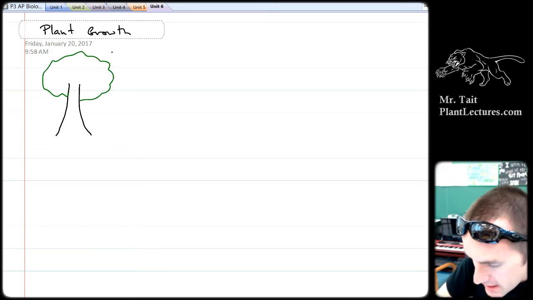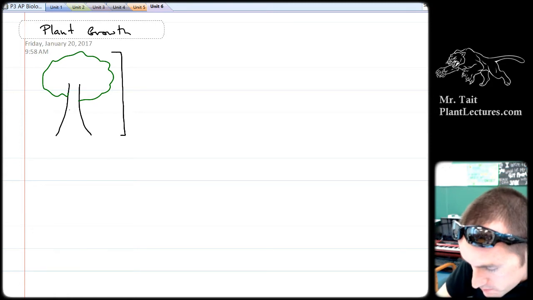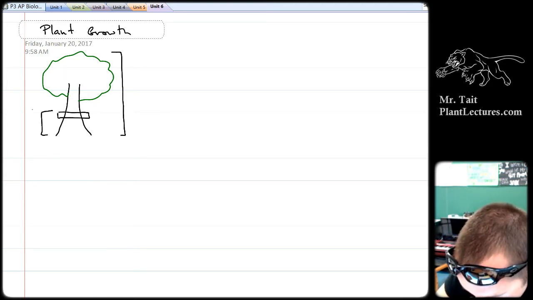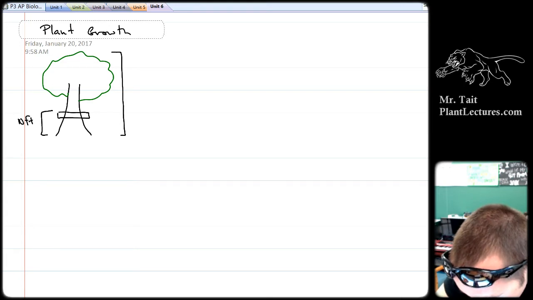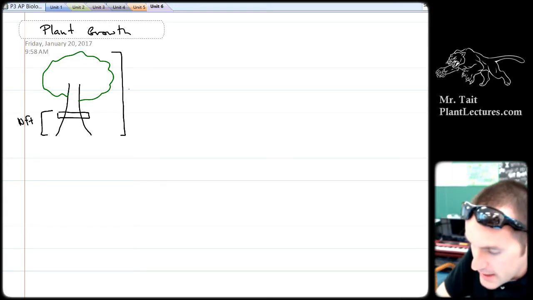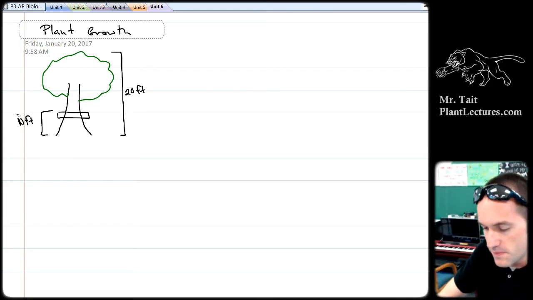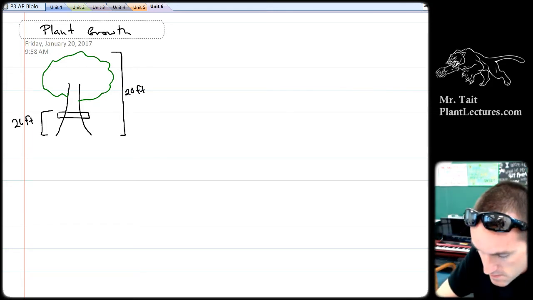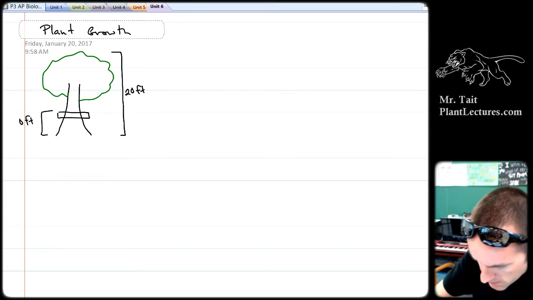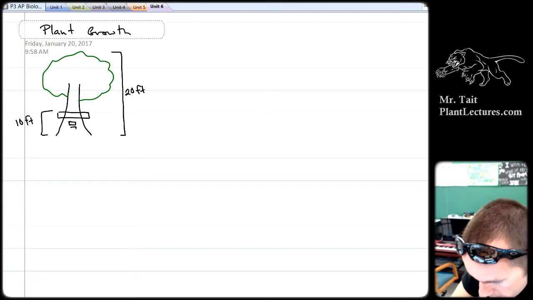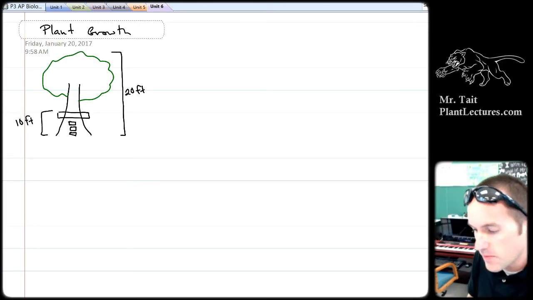Okay? And it says that little Timmy's tree fort was 10 feet off the ground and that the tree overall was 20 feet tall. Oops, 10 feet, 20 feet. Okay? There's little steps to get up to it. Okay?